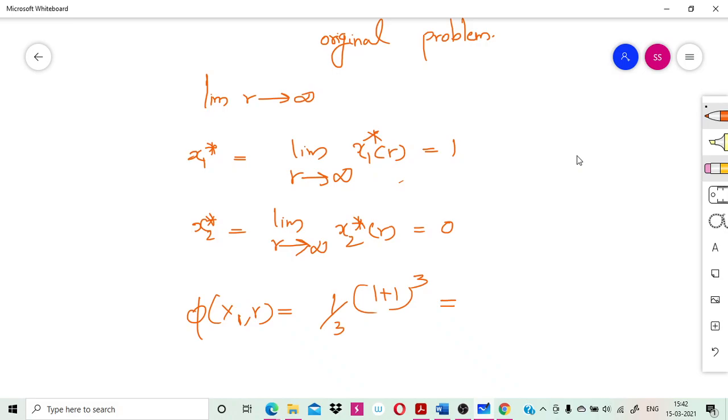After you substitute for x1 and x2, that will be equal to 8 by 3.